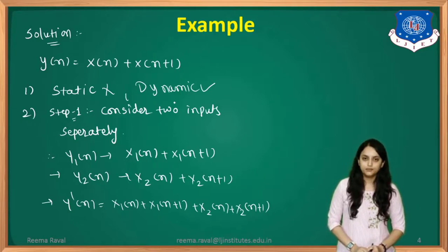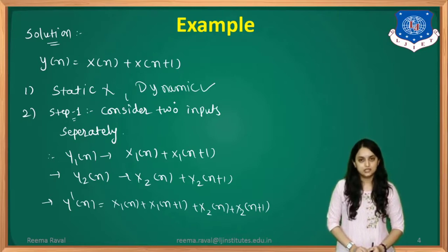Now the second property is to check whether the given system is linear or non-linear. For that, as we know, we need to perform 3 steps. First one is to consider 2 inputs separately. Why do we need to do that? We need to check the superposition theorem. So we will take 2 inputs separately, give them to the system function, and take the outputs. We have taken 2 inputs, x1 and x2.